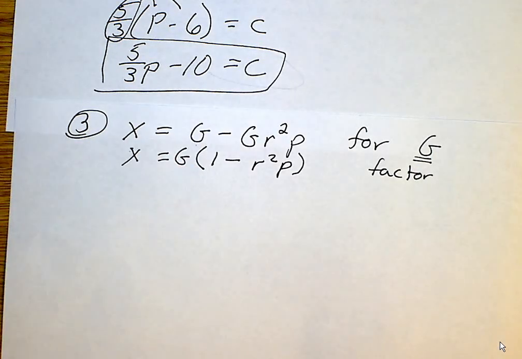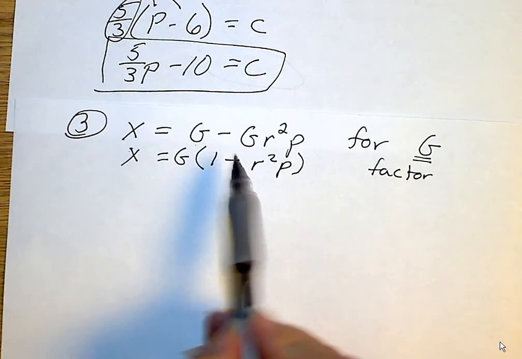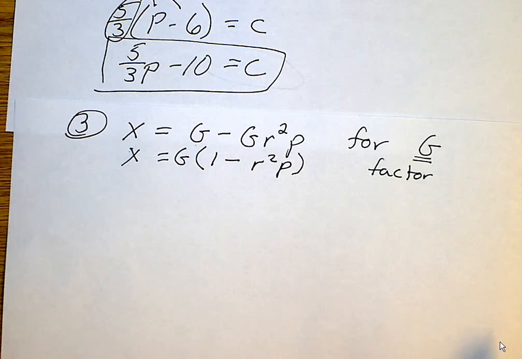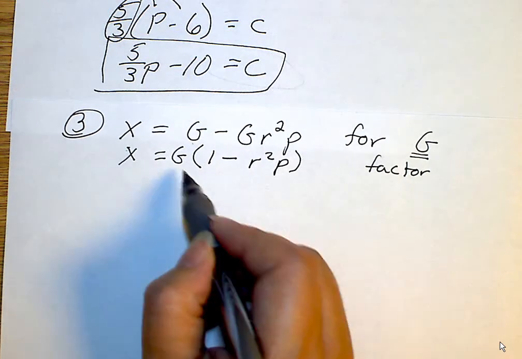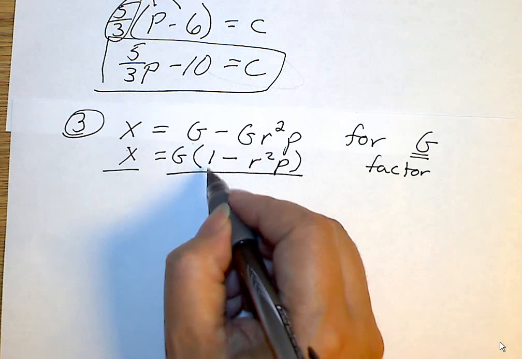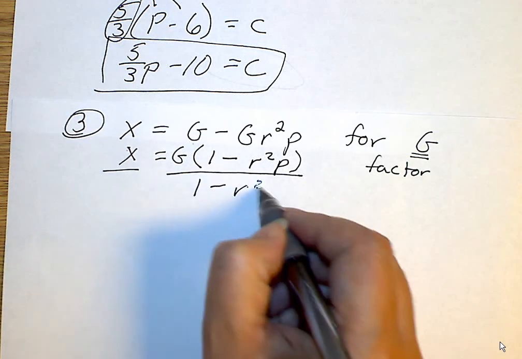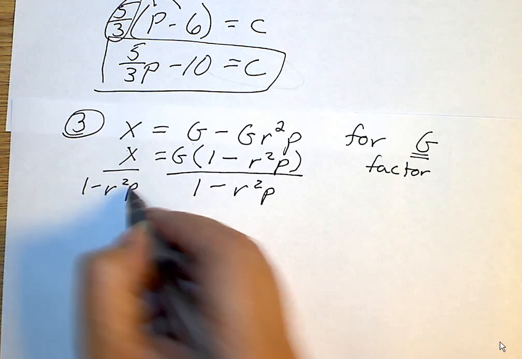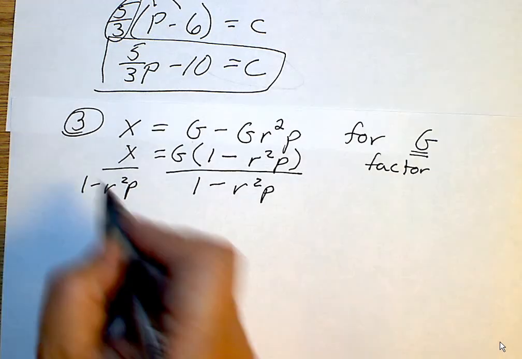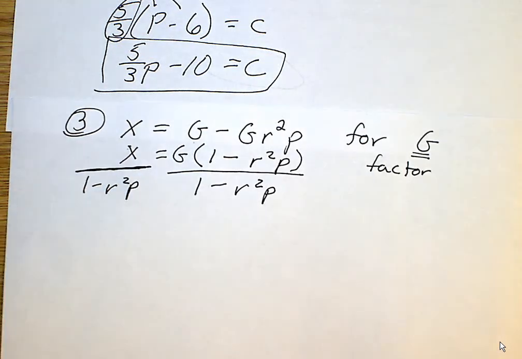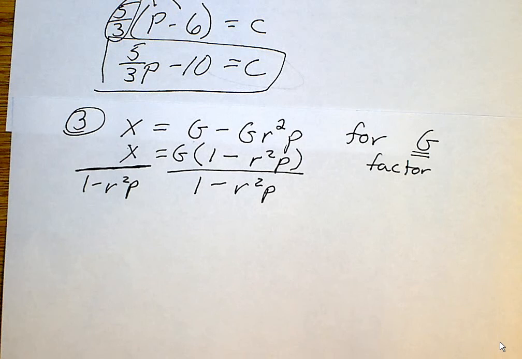Now you always ask yourself, what is this doing to G? It's multiplying. So the opposite is divide. So we are going to divide by the whole thing, 1 minus r squared P. You want to make sure that line is over all of it, so you can definitely see that it's on the bottom.